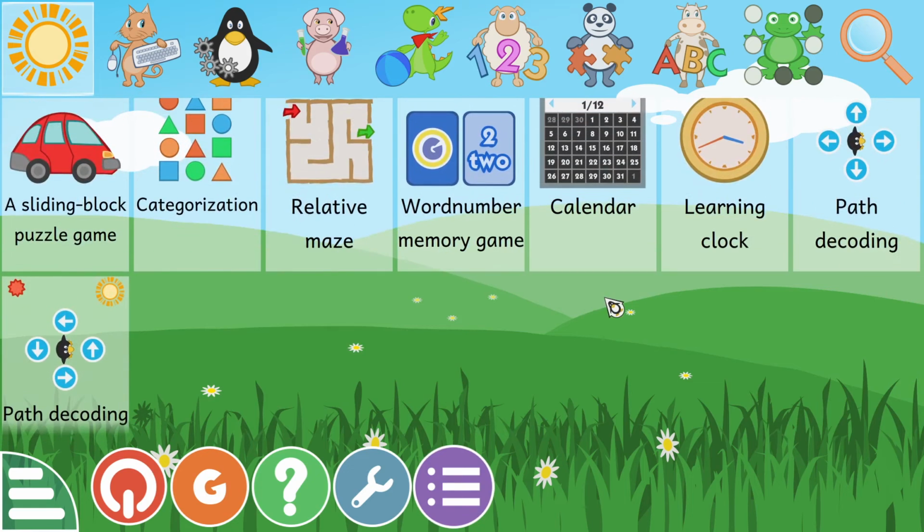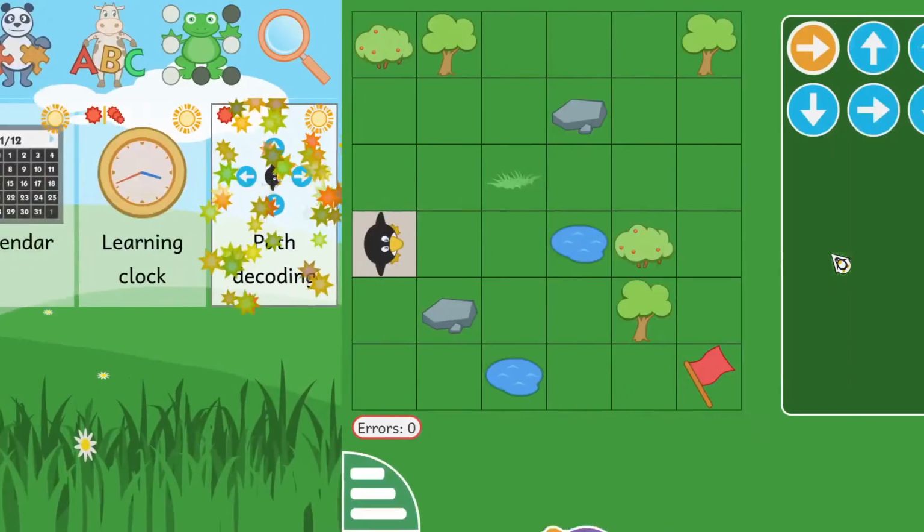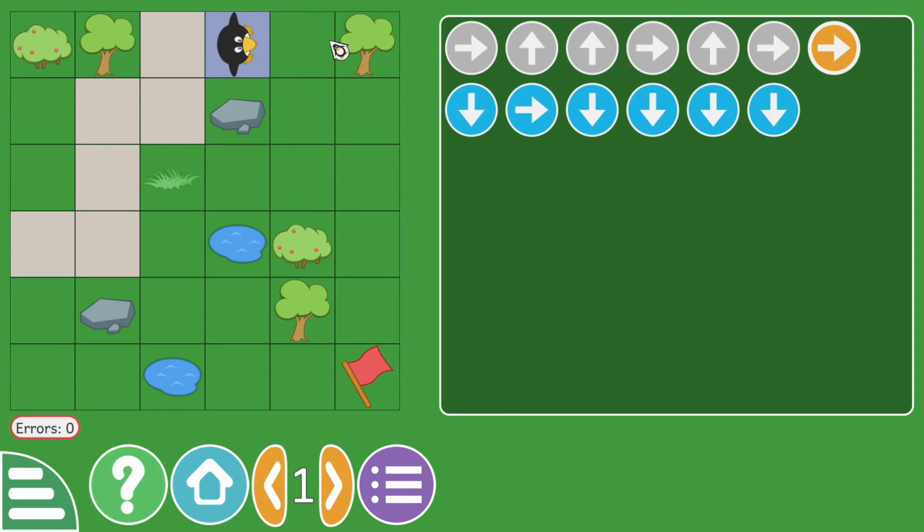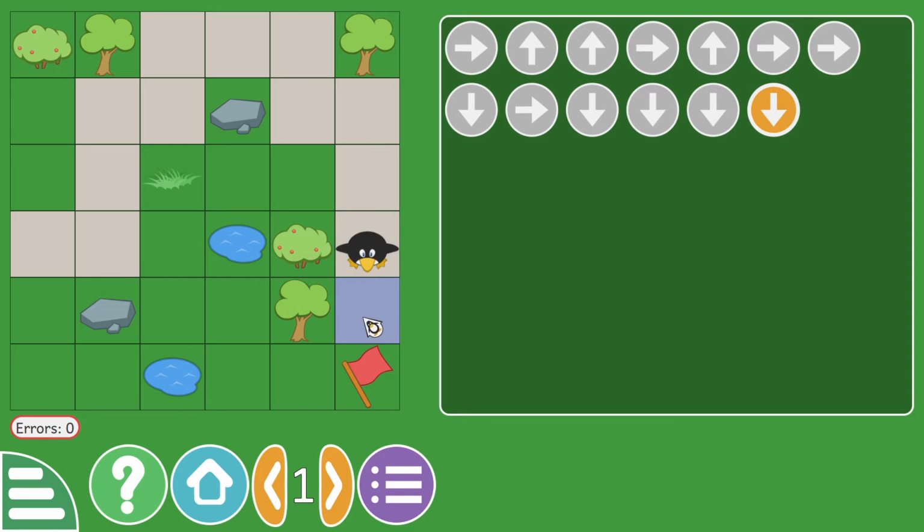And related to that, we'll go back to continue on with navigation and go with a game called path decoding. So we want to get Tux from the current location to the flag using the directions that we've been provided. So if I go to the east, north, north, east, north, east, east, south, east, and then 4 souths in a row.